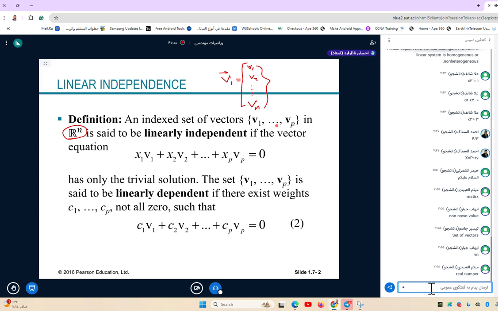An indexed set of vectors v1 through vp in Rn is said to be linearly independent if the vector equation x1 times v1 plus x2 times v2 plus and so forth through xp times vp equals 0 has only the trivial solution. If it has only the trivial solution, then we say that these vectors are linearly independent.